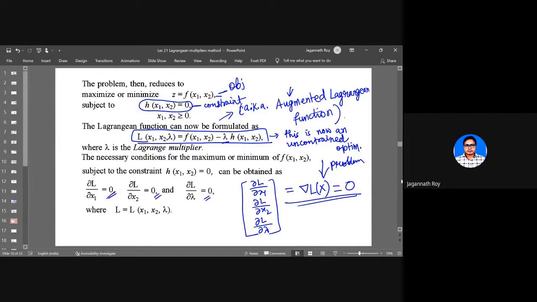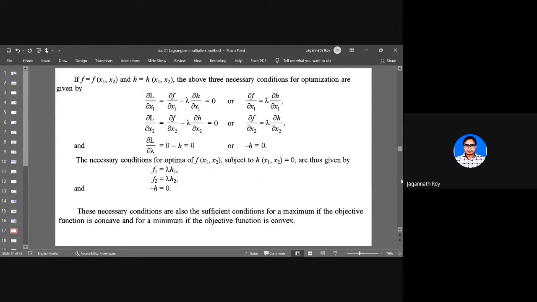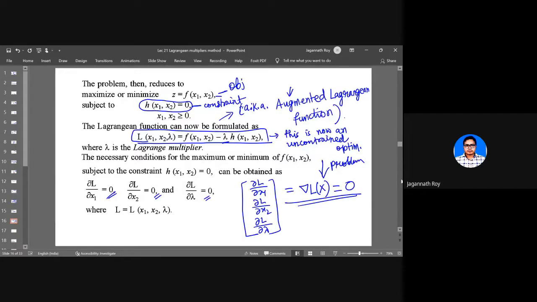How about the second order? If we differentiate, what will happen? Because the function has now changed its shape. L is the f, and lambda times h of x1, x2 is there.